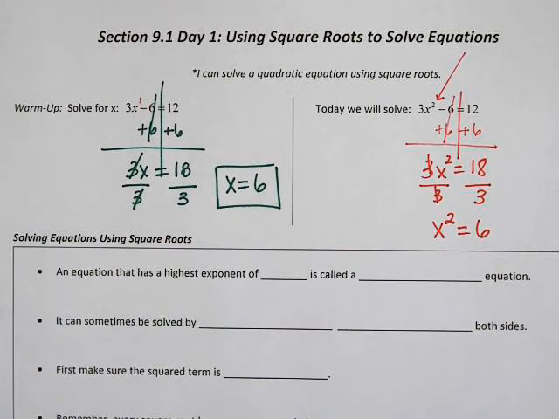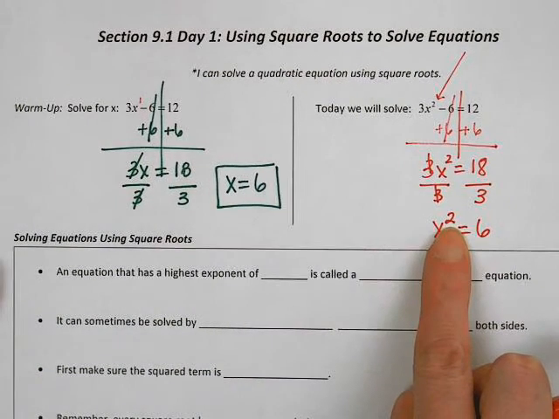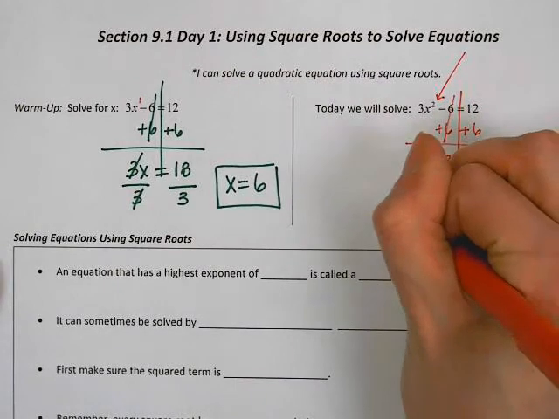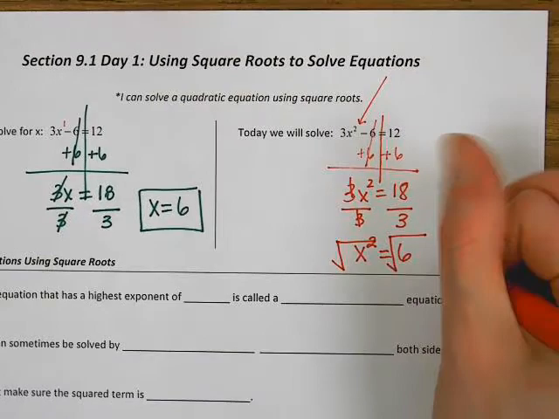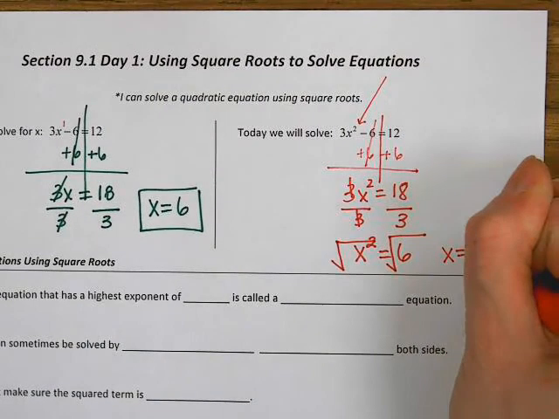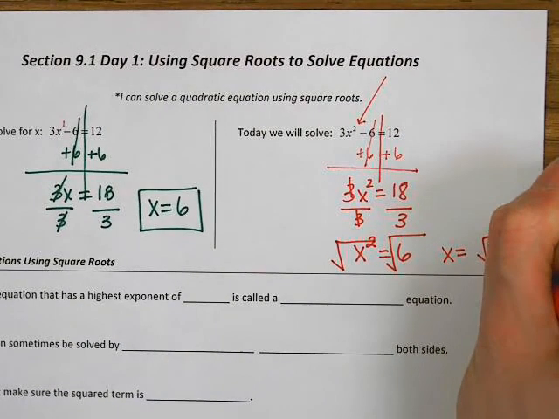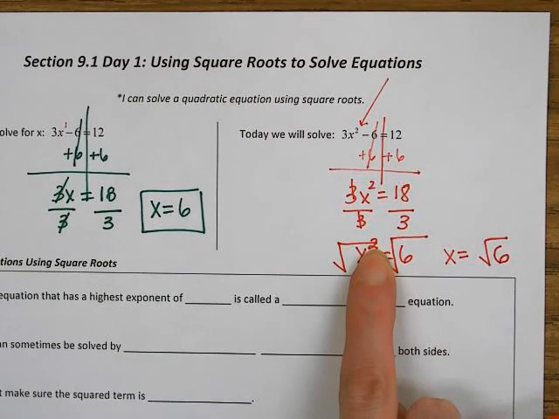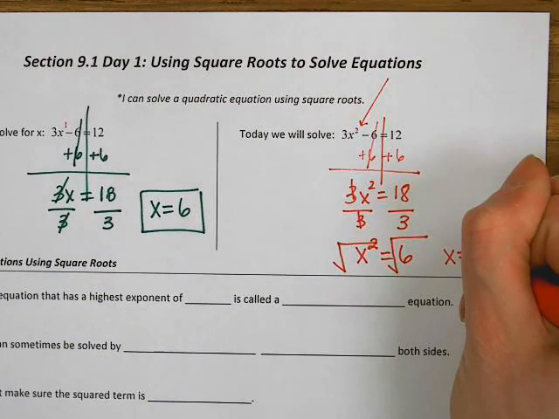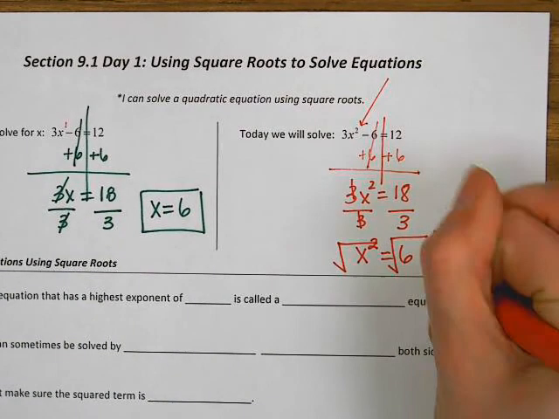And then the question is, how do you get rid of a square? Well, that's the square root button. Okay, so final answer, x would be the square root of 6, and then the only kind of confusing thing is anytime it's squared, there's always 2 answers. So it's going to be the positive and the negative version of the square root of 6.